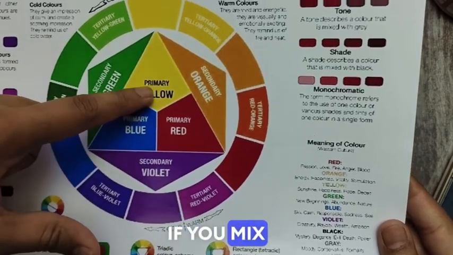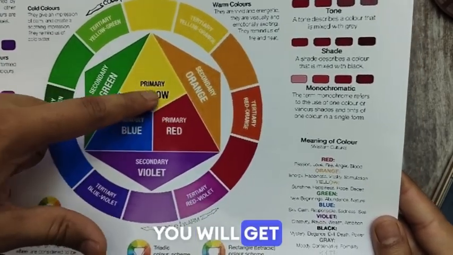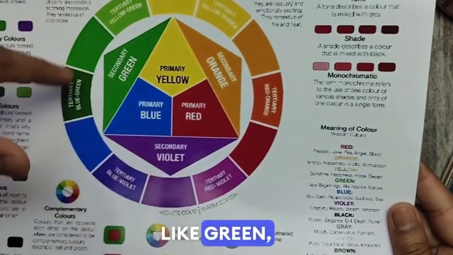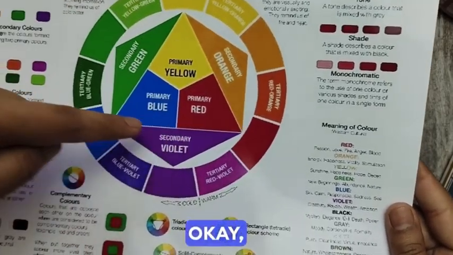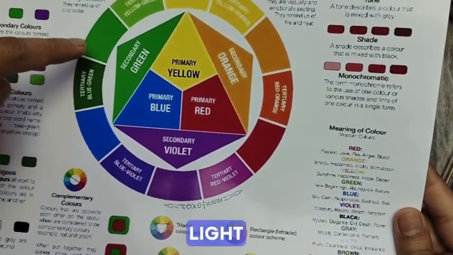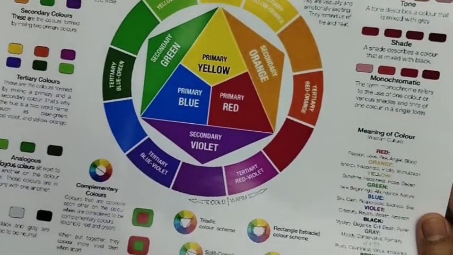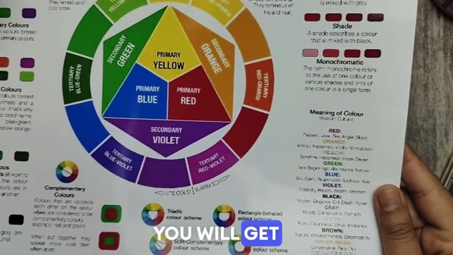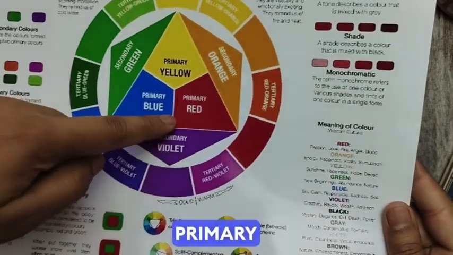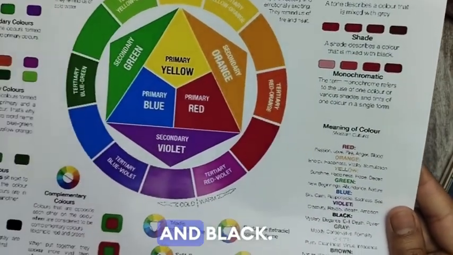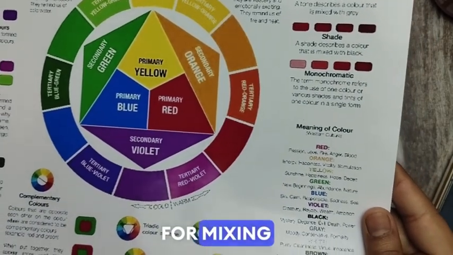Okay, if you mix only these three colors, you will get any shade like green, orange, violet, light green, light orange, magenta, pink, any shade you'll get by mixing only these three primary colors. Also white and black are used for mixing the colors.